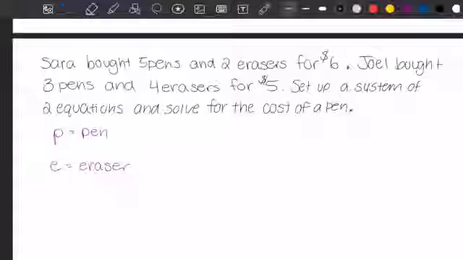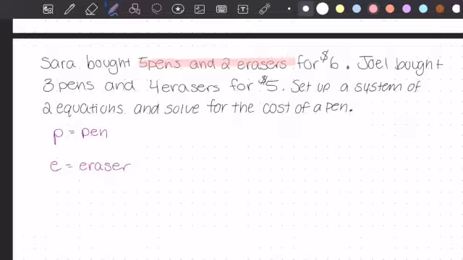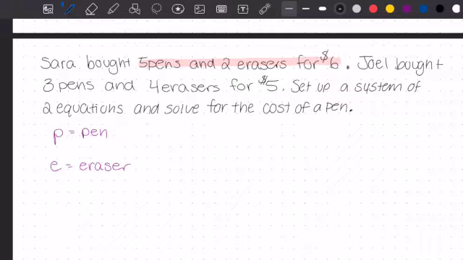Okay, so we're trying to find the cost of something. Now, when we do cost questions, our equations look a little bit different. So for these questions, I'm going to look at this first piece of information. So I've got 5 pens and 2 erasers for $6. So if I write 5 plus 2 equals 6, that is not correct, obviously. So I have to multiply the amount of something I'm buying by the cost.